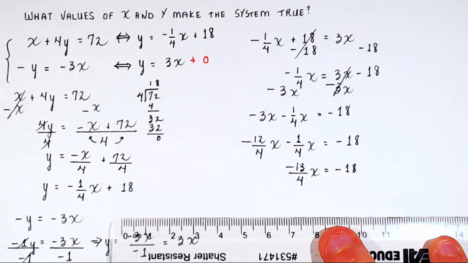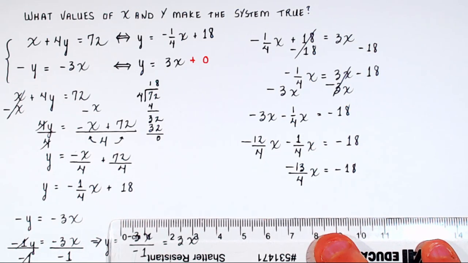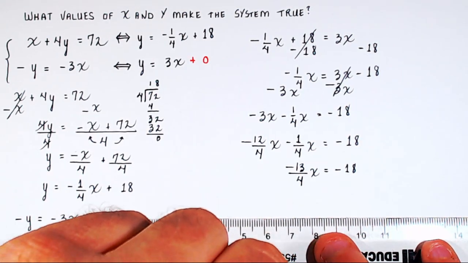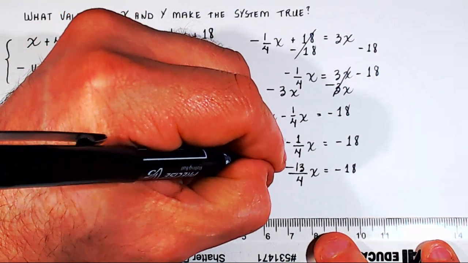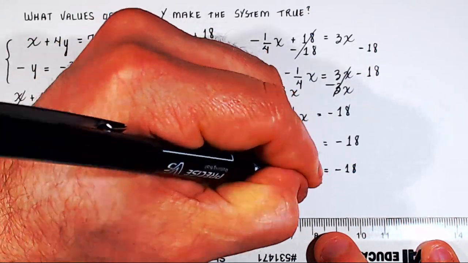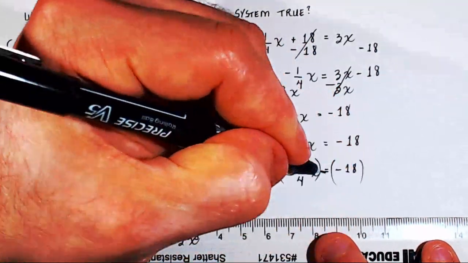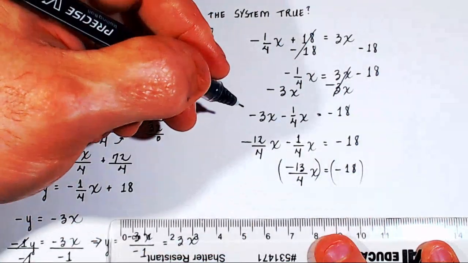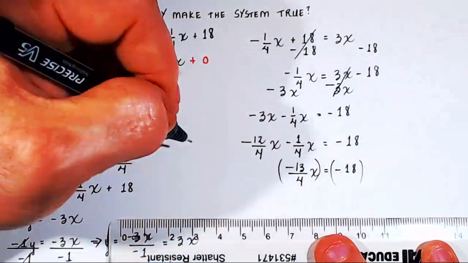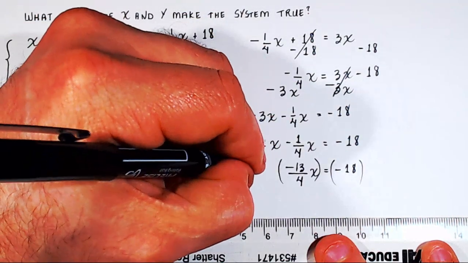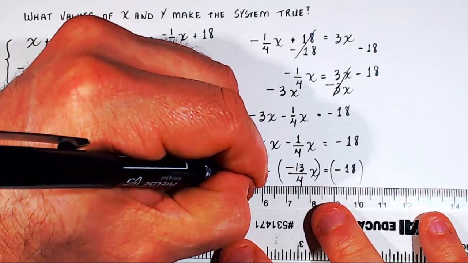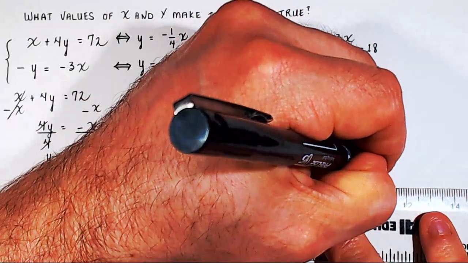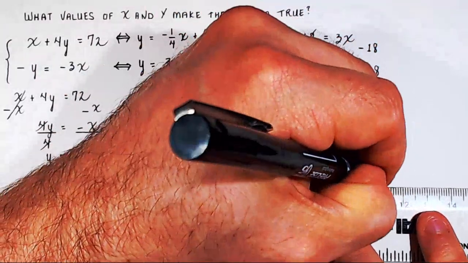Okay, so I want x by itself. Remember that. So in order to get x by itself, I need to multiply both the left and the right by the reciprocal of this fraction here, negative 13/4. So I'll multiply by 4 over negative 13 and 4 over negative 13.